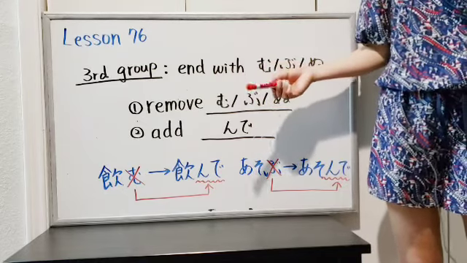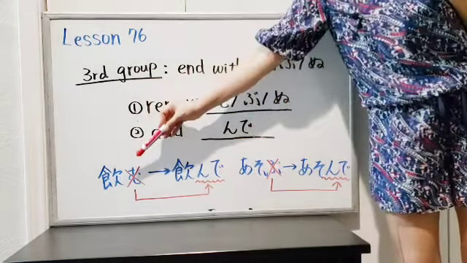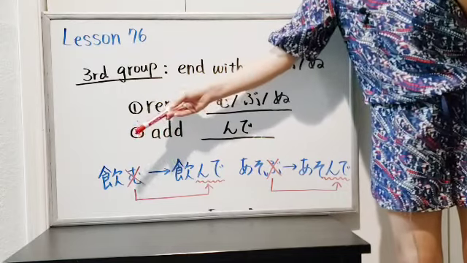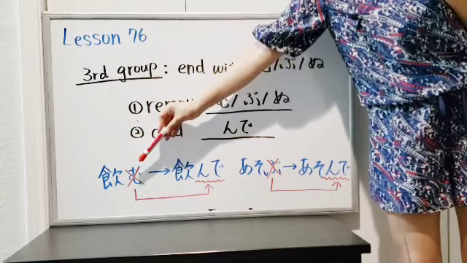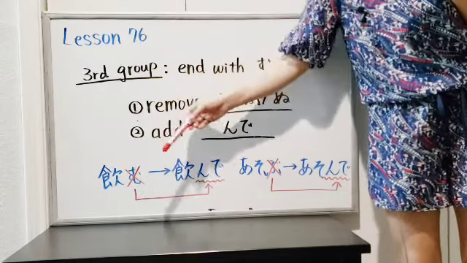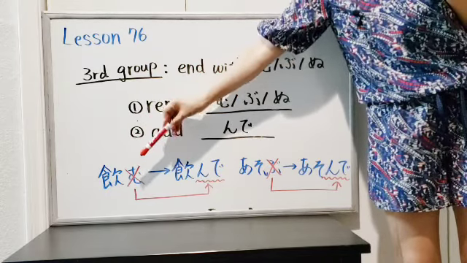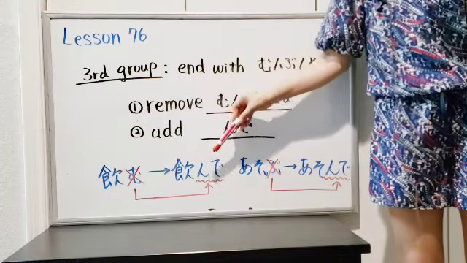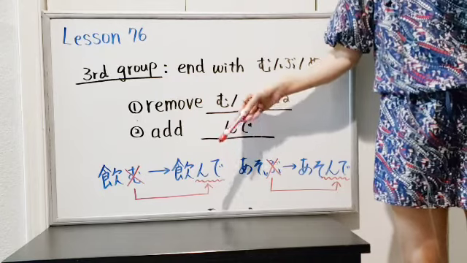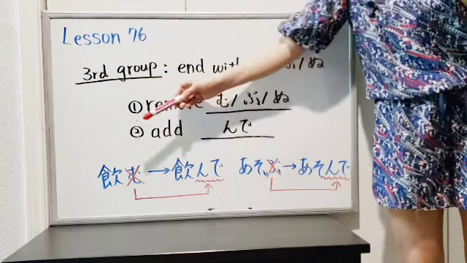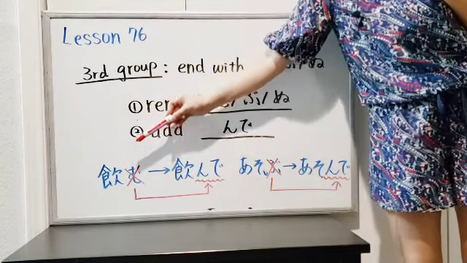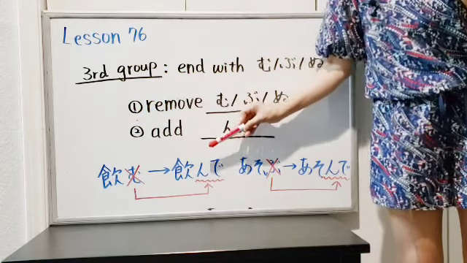For example, nomu. This verb ends with mu. So just remove mu and add de. So the te form of 飲む is 飲んで.